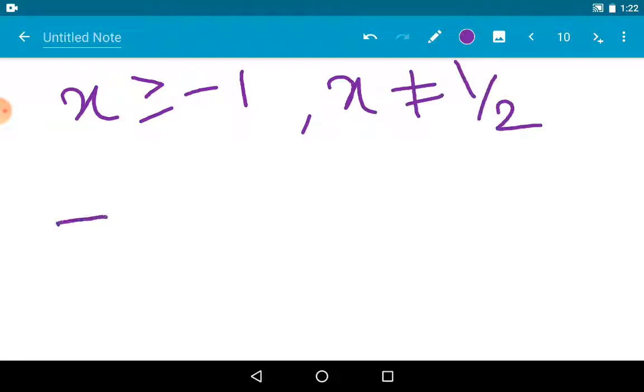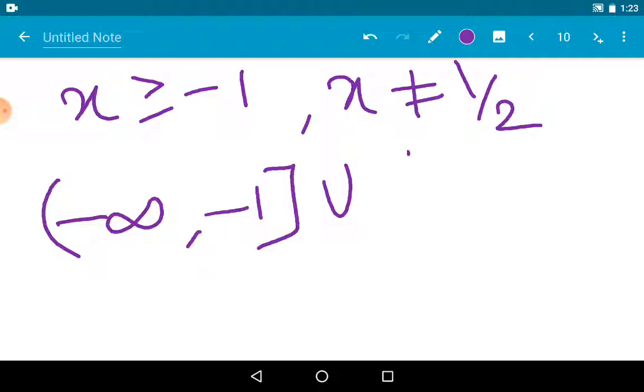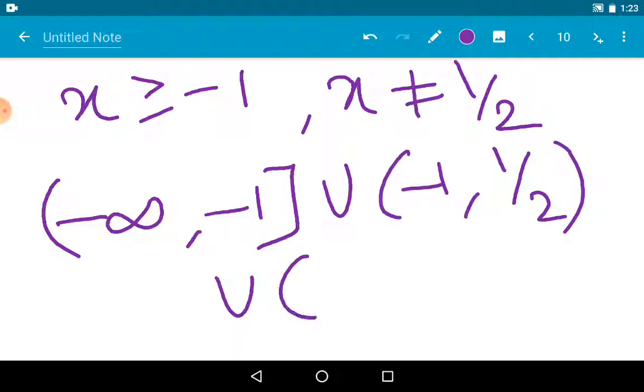So the domain will be minus infinity to closed minus 1 union minus 1 to open 2 union open 1 to infinity.